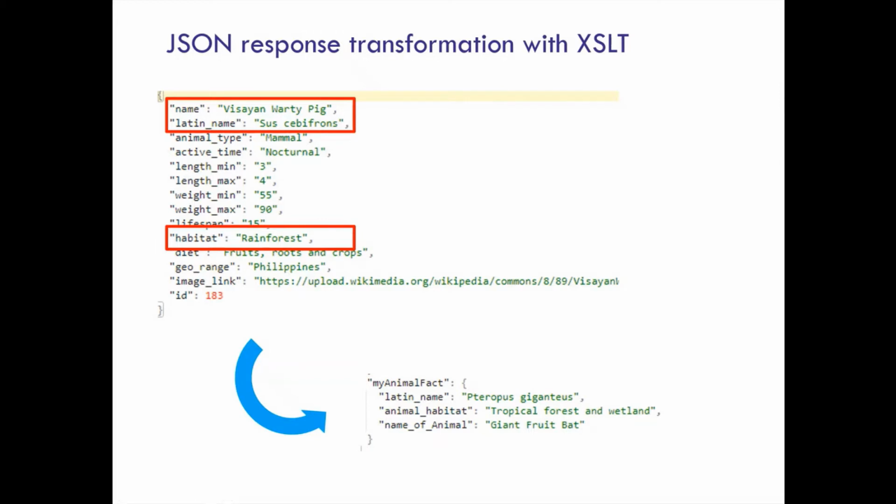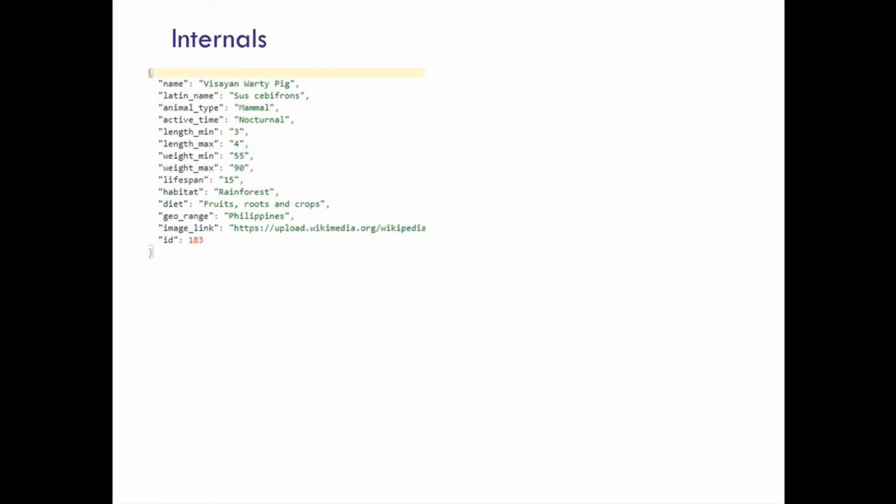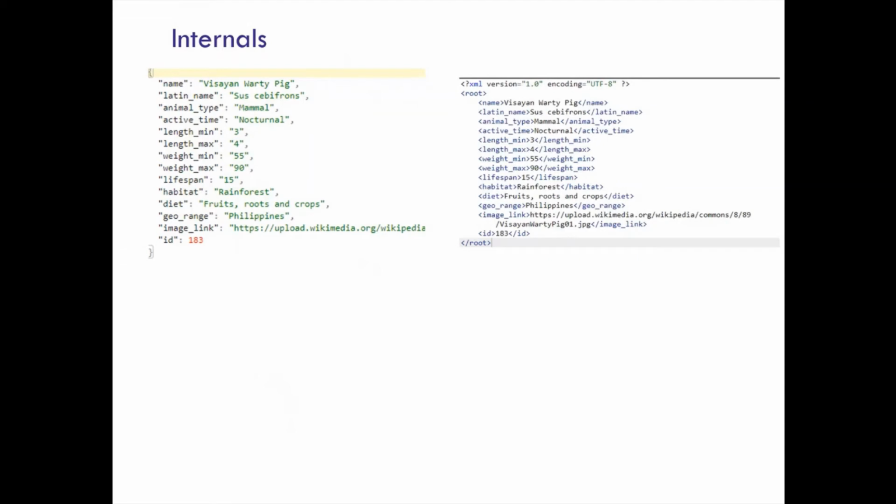So to better understand how the transformation actually takes place, let's have a look at how the internals of the XSLT conversion take place. To start off, you have your original JSON. Now within the process of transforming the response, the JSON actually gets converted to an internal representation in the form of an XML.